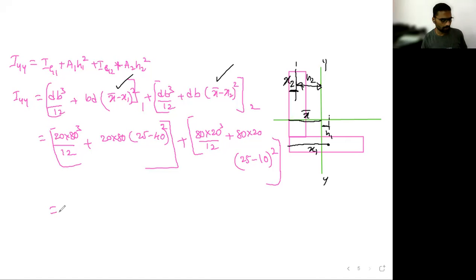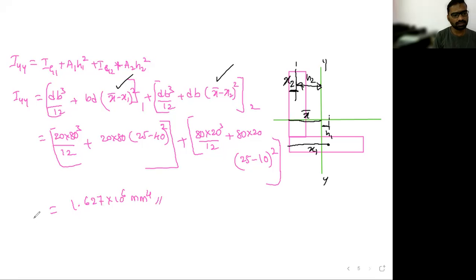The answer will be 1.627 into 10 raised to 6 mm raised to 4.